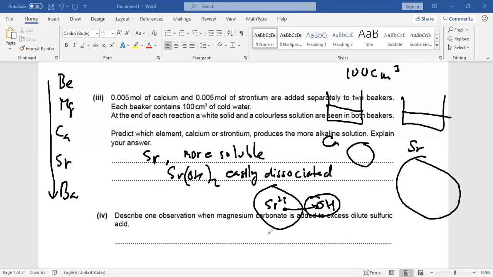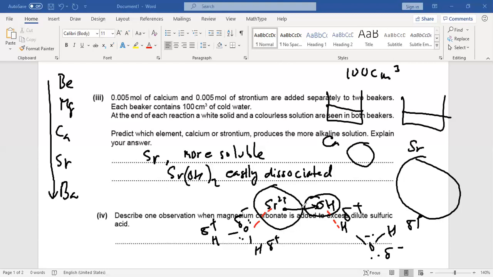Therefore, when you add to water, it's very easy for the water molecules to hydrate this Sr and OH. So there will be ion-dipole bonding.